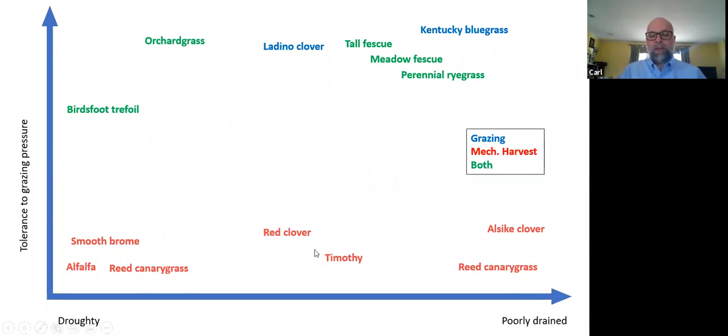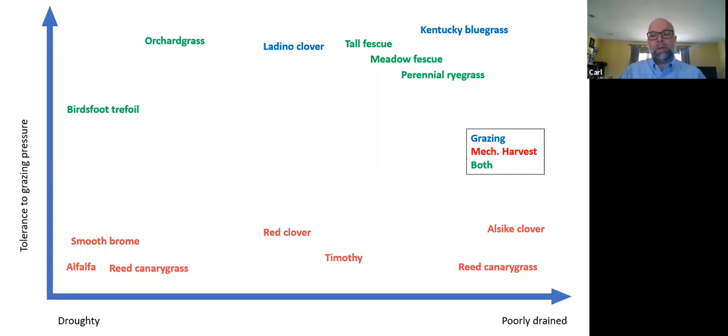All of these species tend to grow back more slowly down here, where they're best suited for mechanical harvesting. Among those species that tolerate grazing really well, something like Kentucky bluegrass and ladino clover, it's not that you can't harvest them mechanically, but they tend to be small species, fairly short growing.